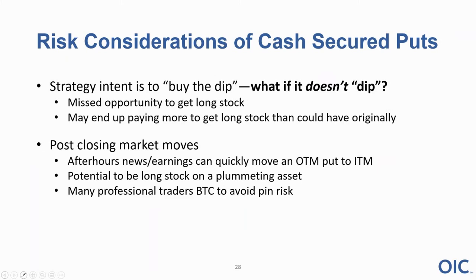And his complaint was that he was always told that one of the great things about spread trading is that you have defined risk. And while you do have defined risk while you're in the trade, once the trade is over and assignment or exercise occurs, that defined risk no longer exists.